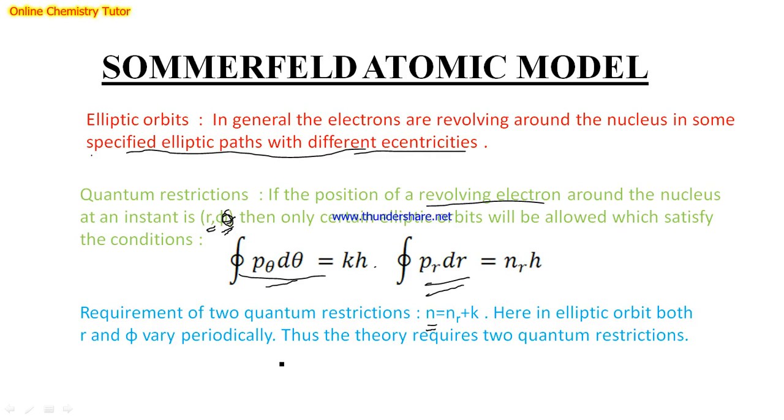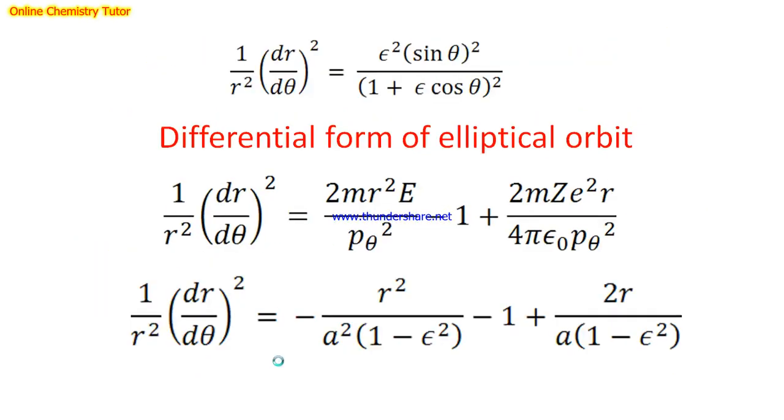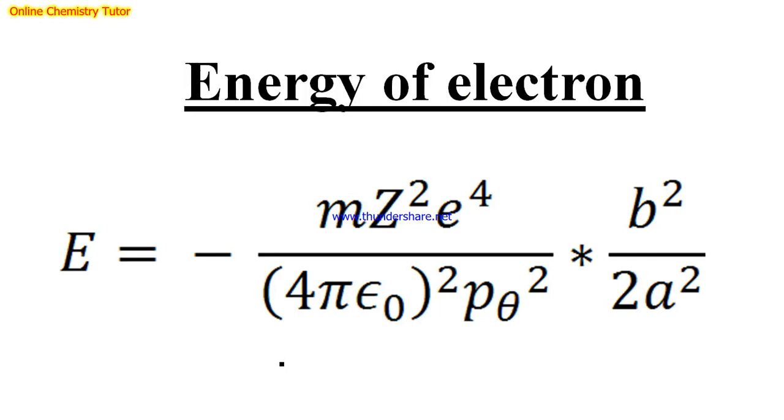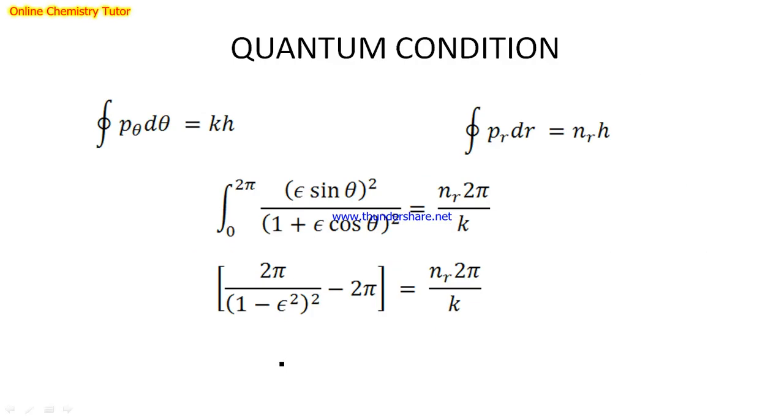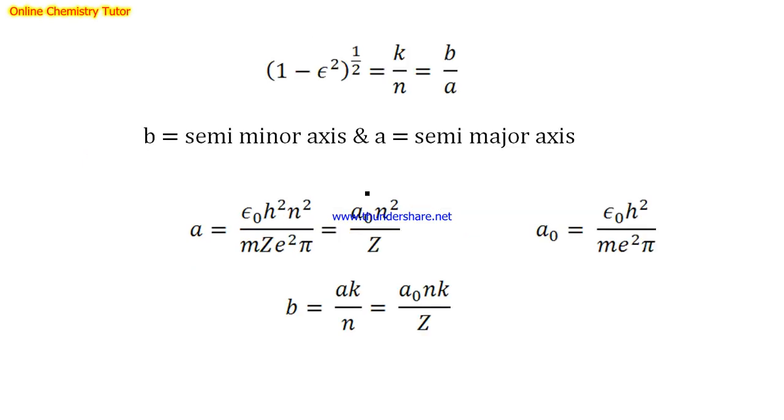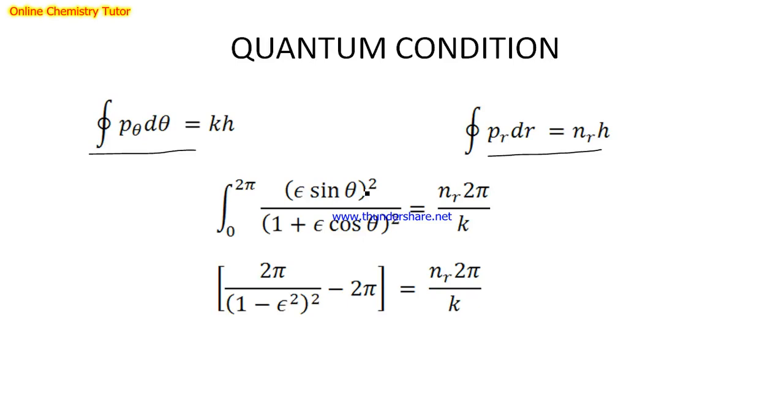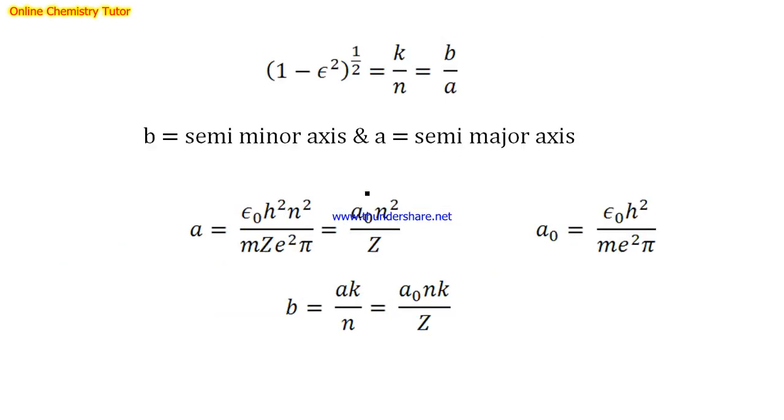in our previous video. This is the energy value of an electron in the atomic orbital, and these are the quantum conditions, these two quantum conditions, and from these we have derived the value of b by a equal to k by n, that is (1 minus epsilon square) whole to the power half, equal to k by n, that is equal to b by a.